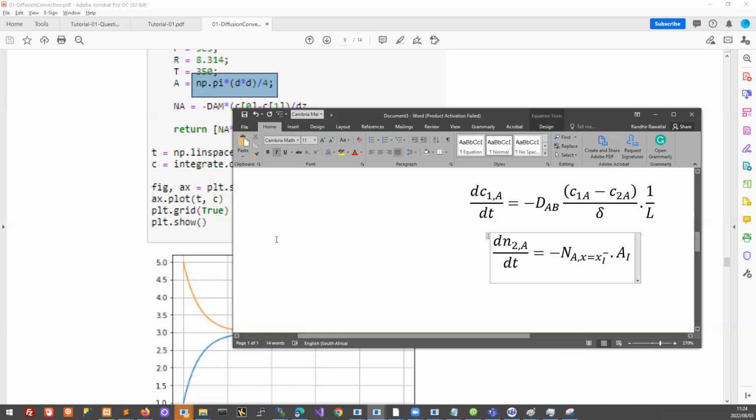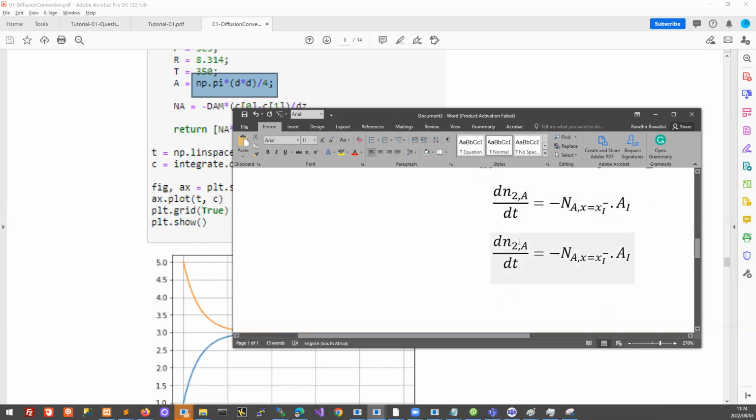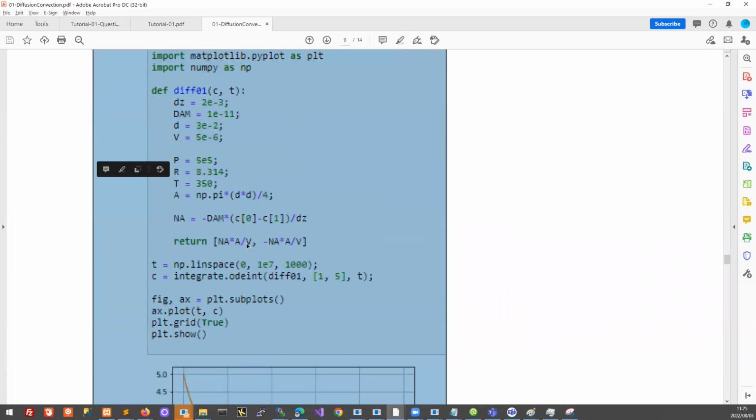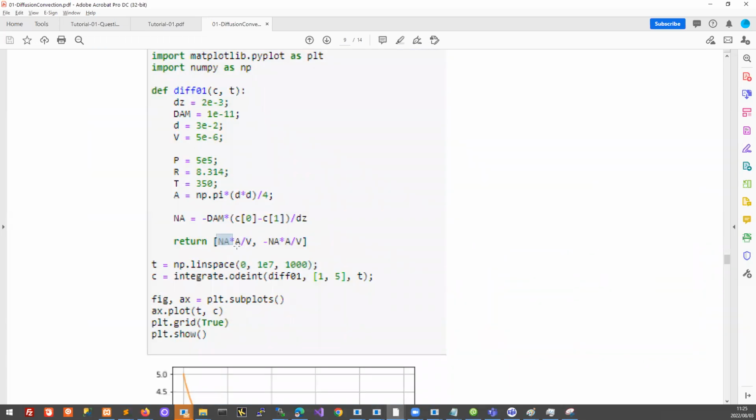And then we can rewrite this equation as dC2/dt. So we divide by the volume again, and then we get the 1 over L here. So let's just assume both cells have the same length. Right, and so we have the two differential equations. And so that's what this means, right? We have the flux from the one to the other.